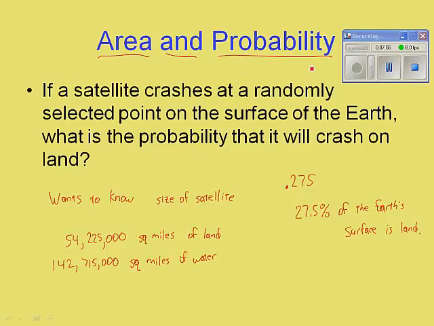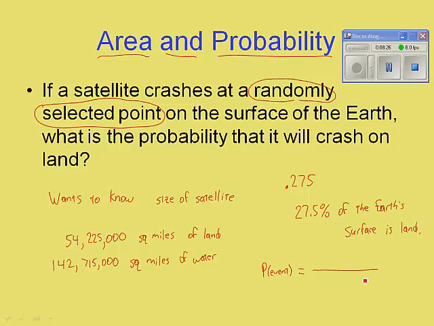Like this one. Notice there's a couple other things that we didn't really highlight. Randomly selected point. What does that mean? We talked about that. Any point on the Earth is equally likely to be hit by this satellite. Remember our formula for probability, right? The probability of an event is a fraction.